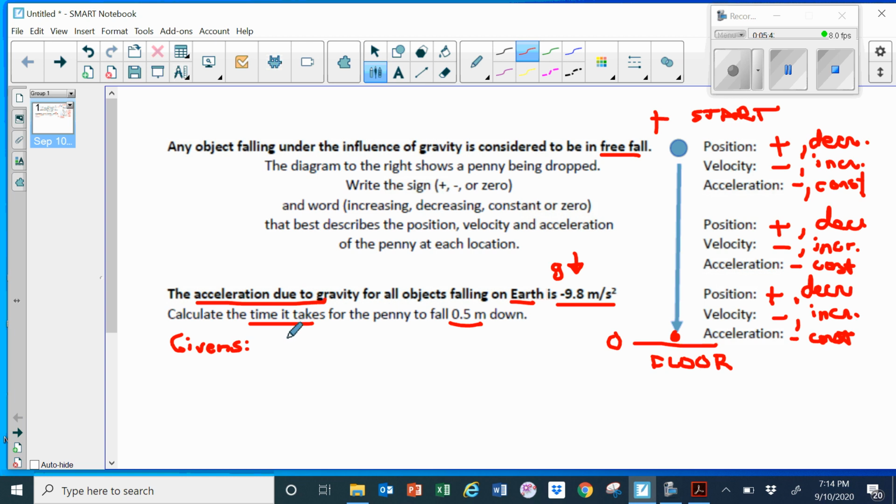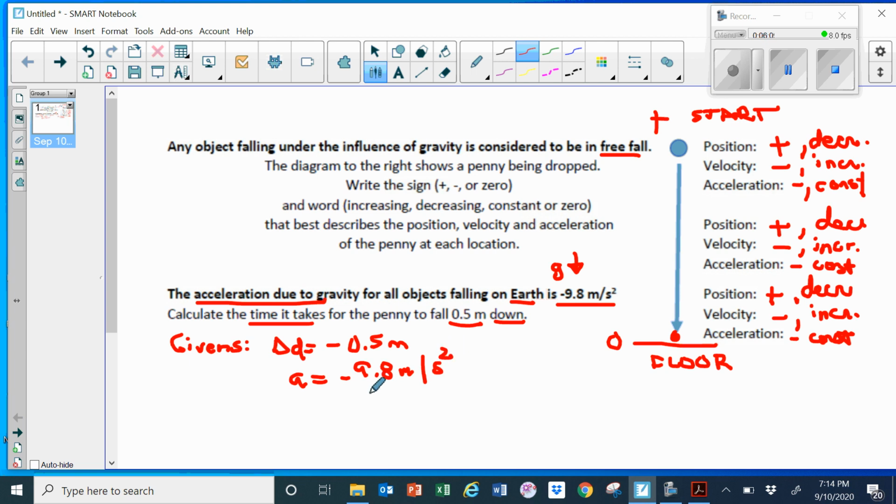The first given is the displacement, which is minus 0.5 meters. Why negative? Because the displacement is downward. The acceleration is the acceleration due to gravity, minus 9.8 meters per second squared.